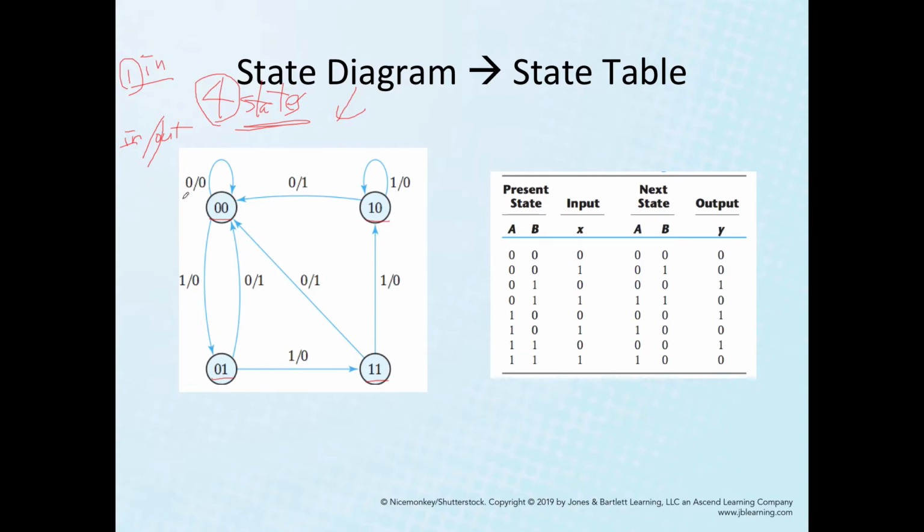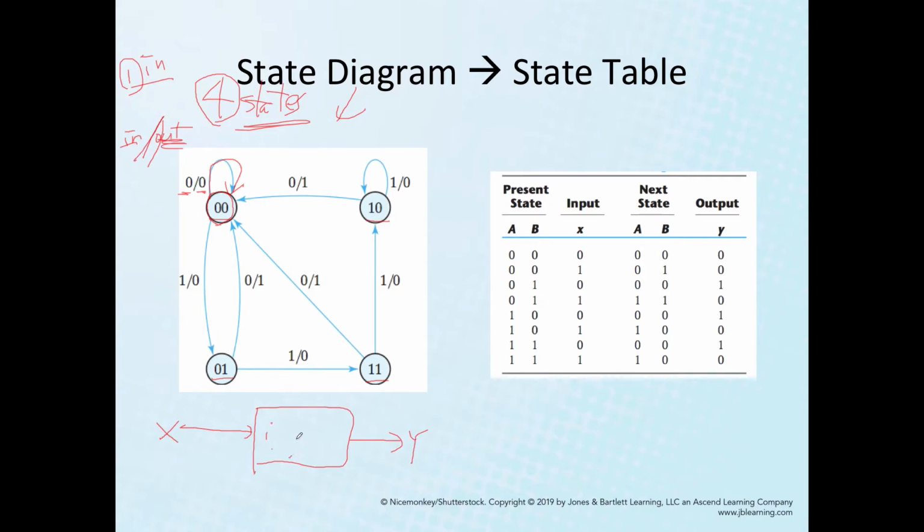What is described here is that when the system is at state 00 and input 0 is applied, it remains in the same state 00. That's why we have a loop back, and it produces an output of 0. So we can imagine a sequential system which has only one input and only one output, because after the slash we have only a single digit.